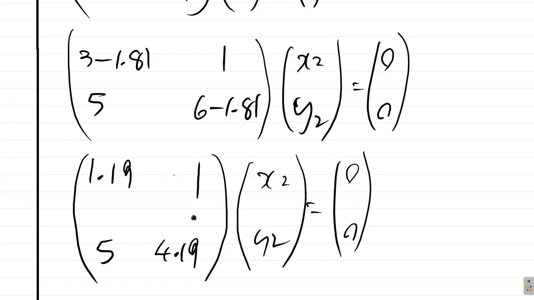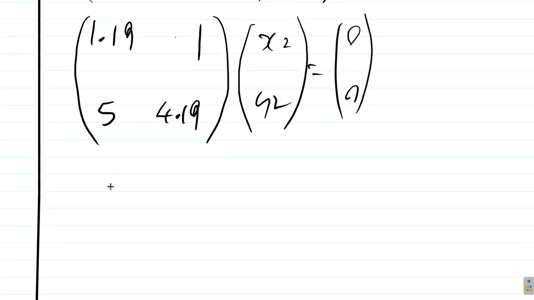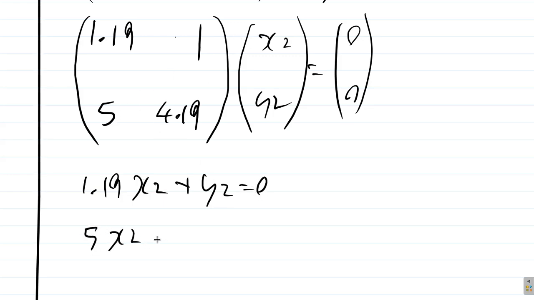What is 3 minus 1.81? It's 1.19. And 6 minus 1.81 equals 4.19. Multiplying out: 1.19 x2 plus 1 y2 equals 0, and 5 x2 plus 4.19 y2 equals 0.